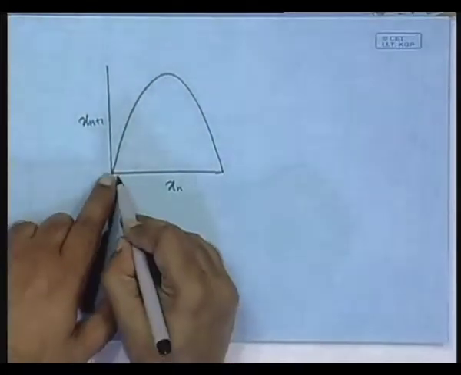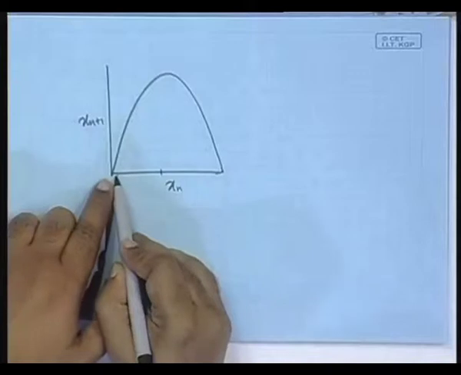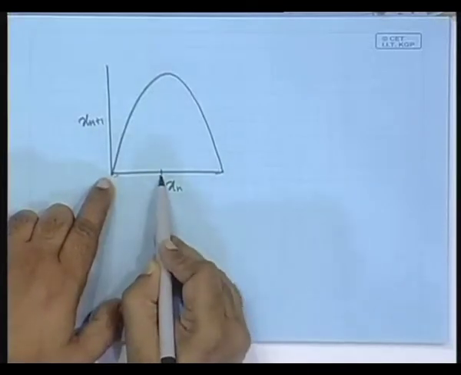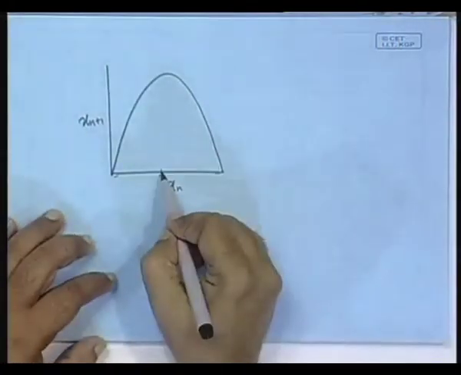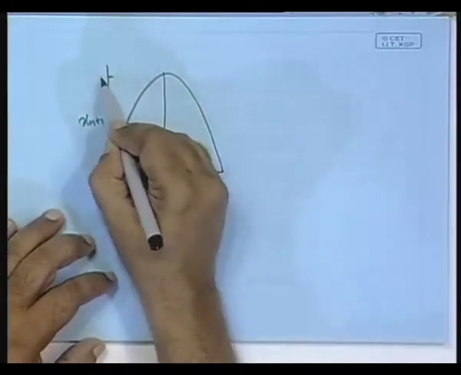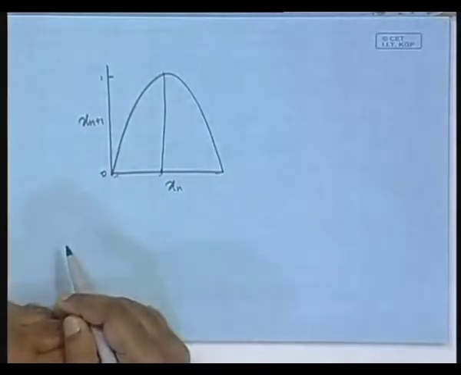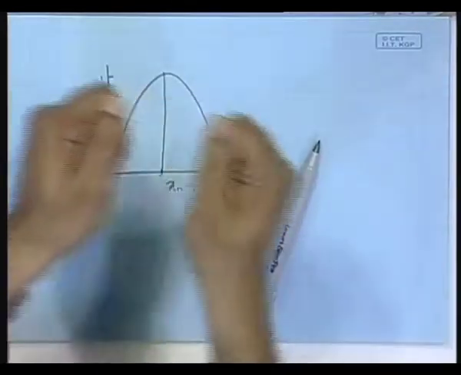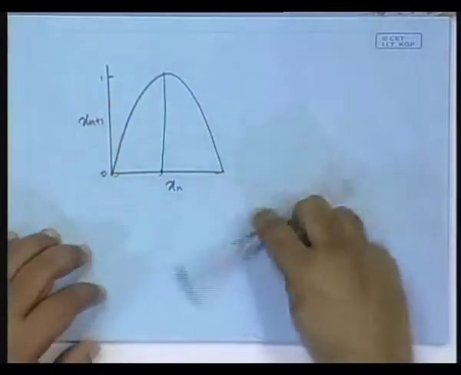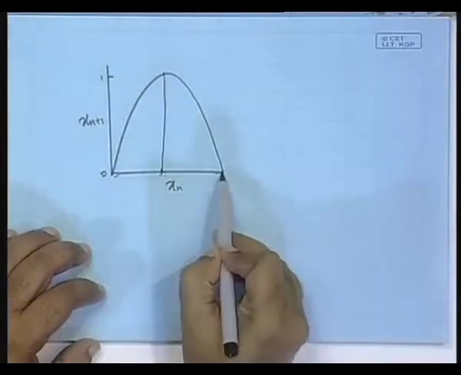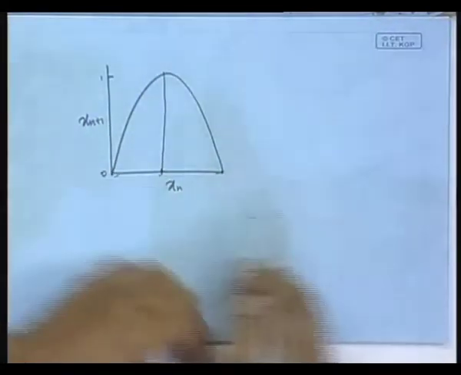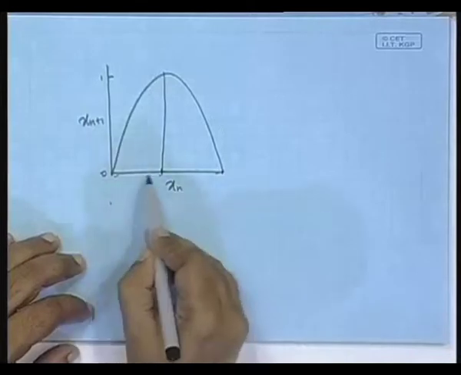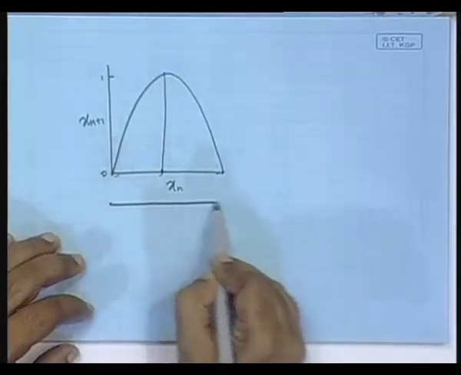Notice, if you take an initial condition somewhere between 0 and half, this range is stretched to the range 0 to 1, right. So the 0 to half range is stretched to 0 to 1, and the half to 1 range is folded.